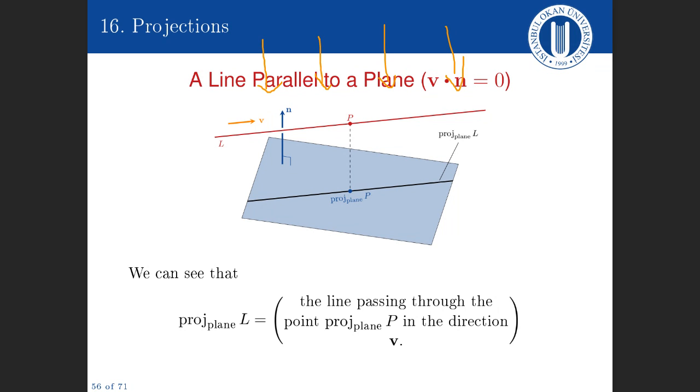We would get the black line in the plane. Or if you want to think of it in terms of shadows, imagine that there's a sun up the top, shining downwards, and we're looking for the shadow of the line onto the plane. We're trying to find the line which I've drawn in black in this picture.